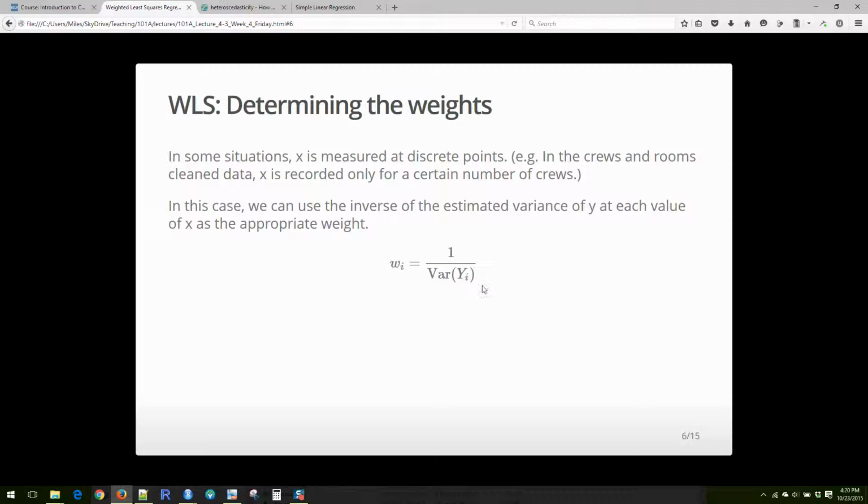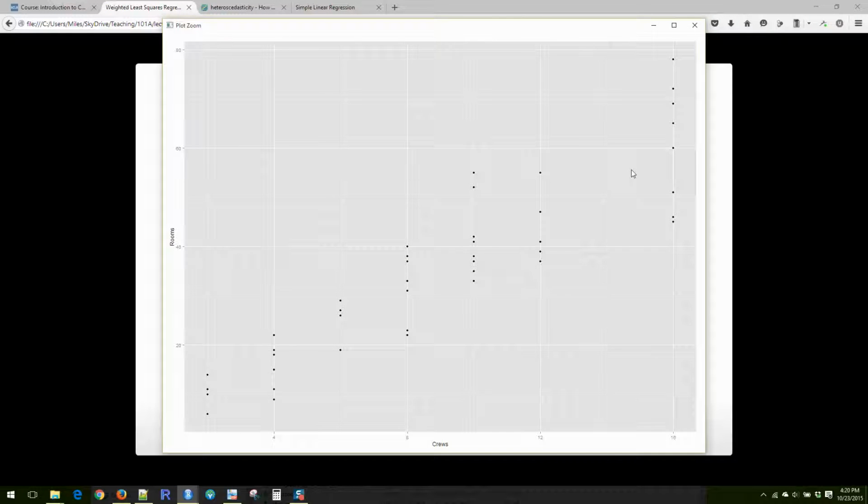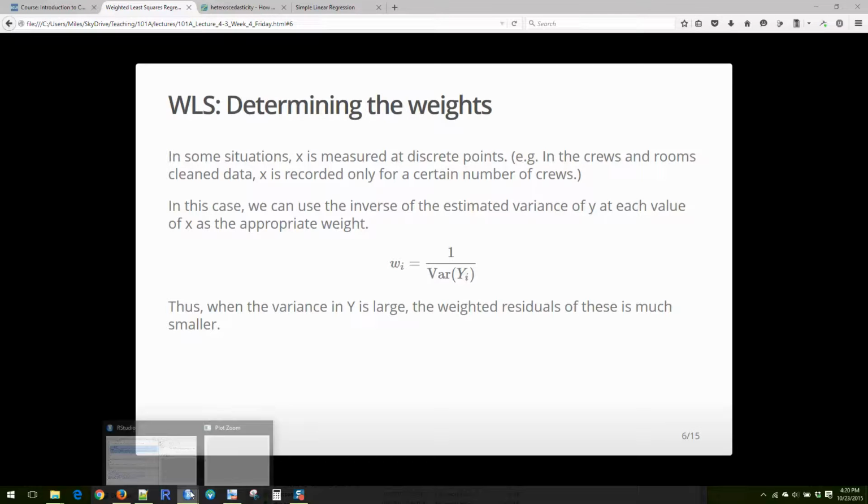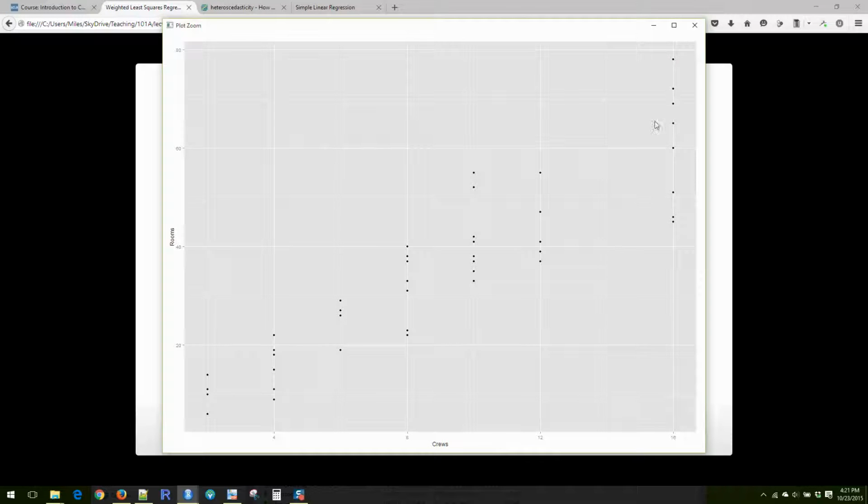We're going to apply this to our cleaning data, and we'll see how that affects this as a way to control the non-constant variance. When the variance is large, these points matter less in determining the regression.